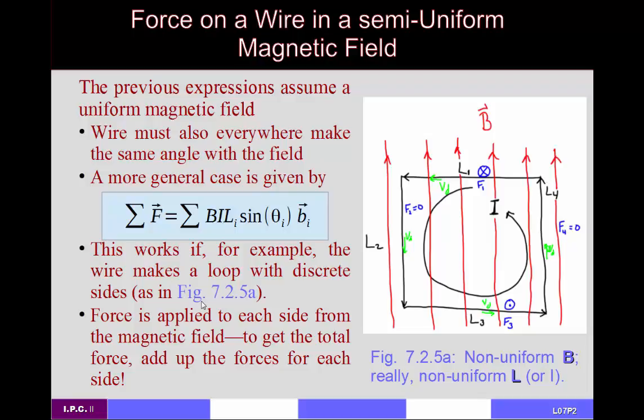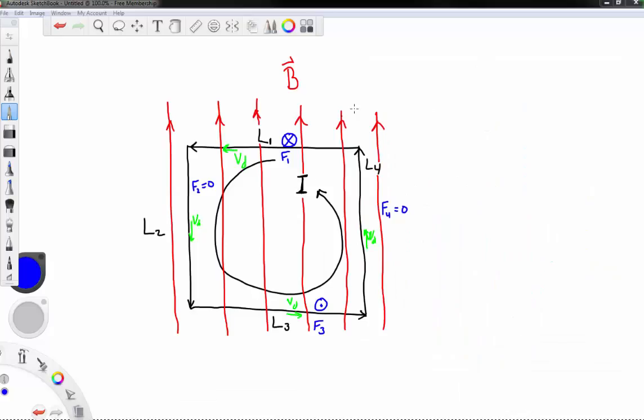And to go into that a little bit with a sort of on-the-spot example, let's look at this diagram in a little more depth. You can see in this case that you have a force on this segment that's into the screen, on this segment it's out of the screen, and in these two it's zero.